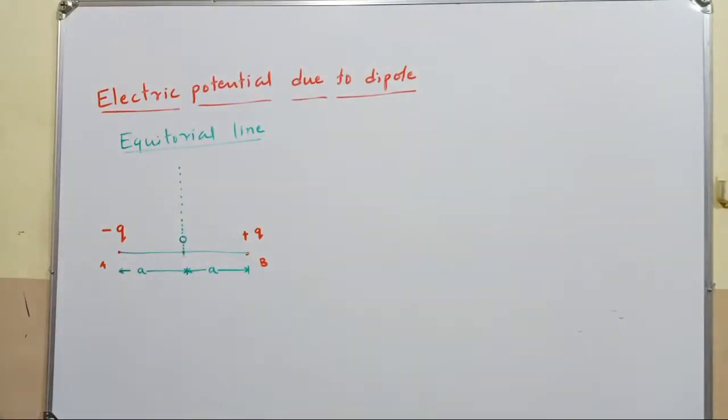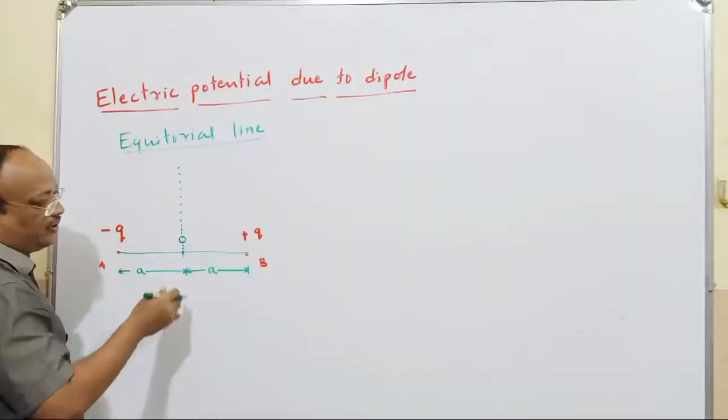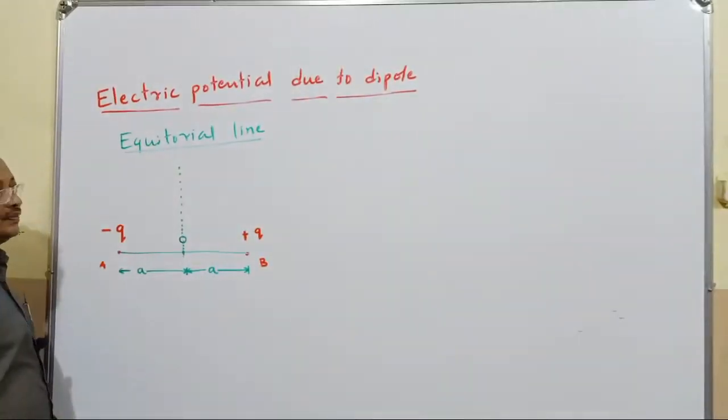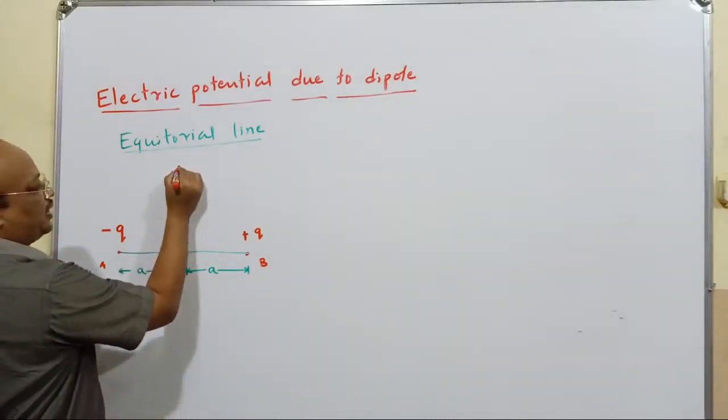So at the midpoint we are bisecting it, somewhere at point P.